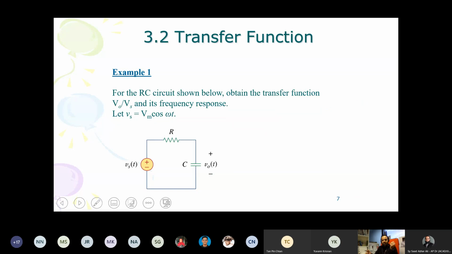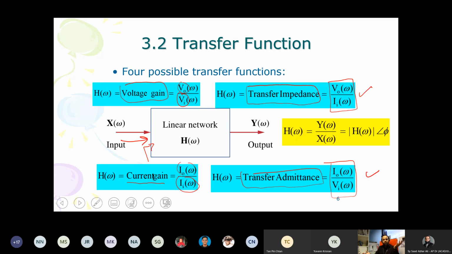All right. So let's take a simple example. For the RC circuit shown here, obtain the transfer function V0 over Vs. Now it's important that you know what transfer function you're looking at. In the previous circuit, there are four different types of transfer function. So if they say find the transfer function, you will be puzzled: are they asking about VO over VI or IO over II or something like that?